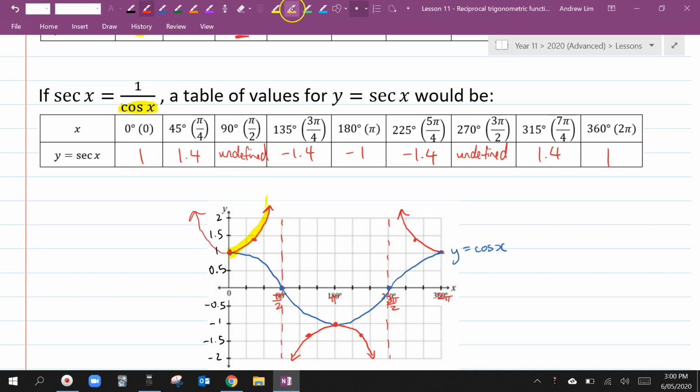Okay, and that's just this bit is exactly the same as this bit here. I'm going to label this graph y equals secant of x.